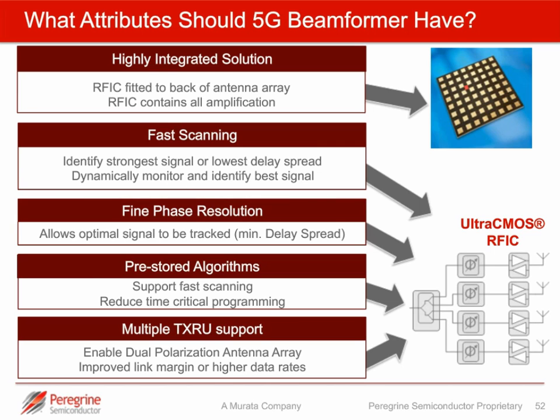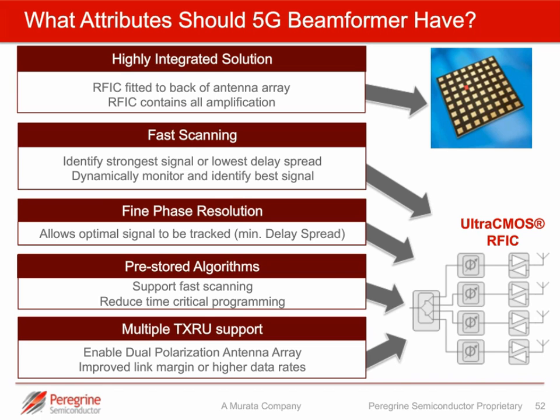So the attributes that we would require for a 5G beamformer would be something like this. Again, highly integrated solution, fast scanning. We have to track the user. So the user will be mobile in many cases, either walking or potentially in a vehicle. We need fine phase resolution so we can track the optimal signal. We minimize the delay spread.